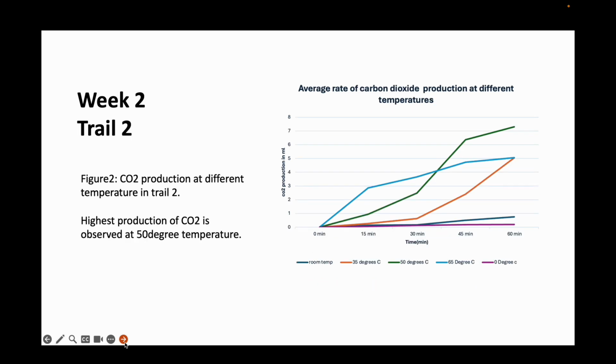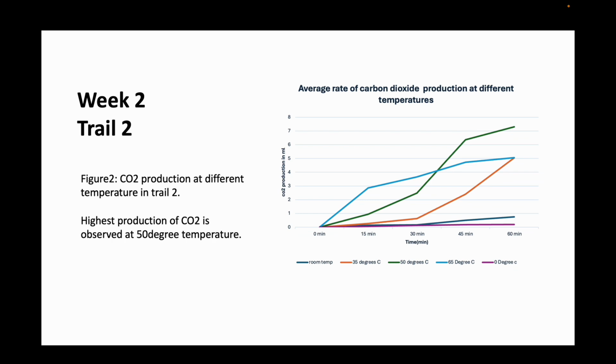Data for week 2, in which we take trial 2. Again, we place the 5 test tubes at different temperatures to observe the production of CO2 at the different temperatures. In this experiment, we observed that the highest production of CO2 in the yeast fermentation was at the 50-degree temperature, which was followed by the 65-degree temperature and the 35-degree temperature. The most interesting thing in this trial was that the CO2 production was the same after 1 hour at 65 and 35 degrees.